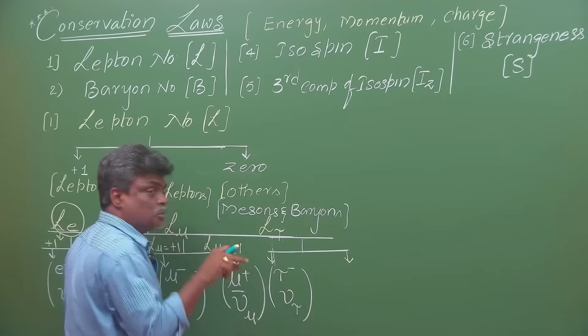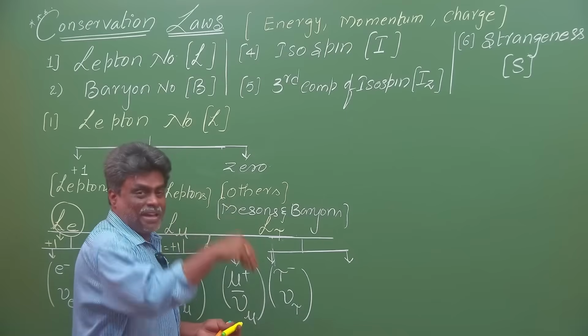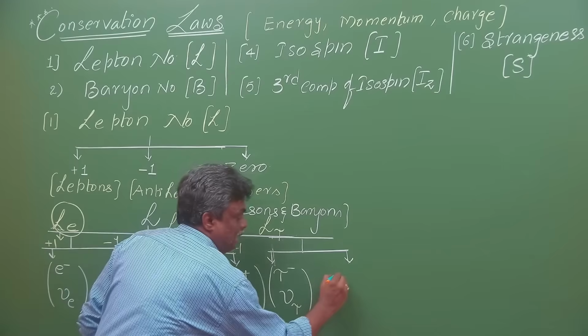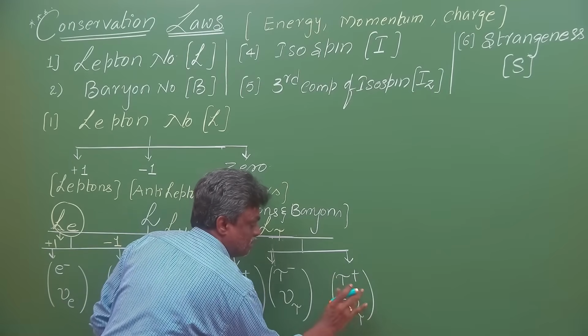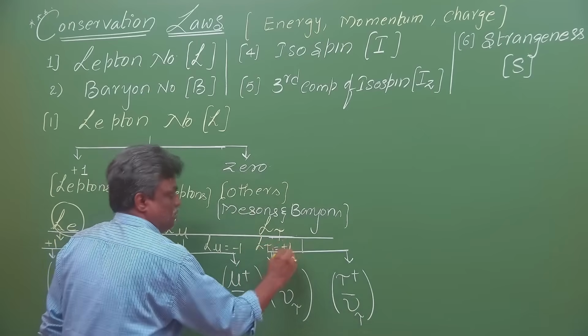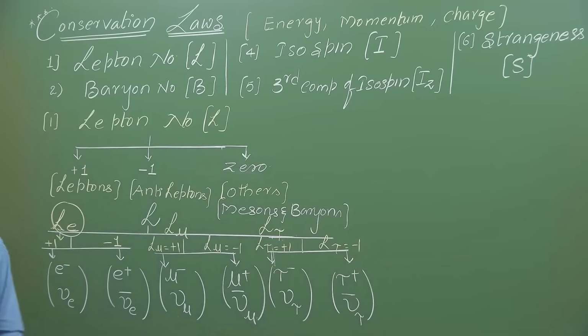It seems to be easy and you think that you understood, but whenever you are answering the question, definitely there will be confusion. Be careful. Antiparticles, tau plus, nu tau bar. So here L tau, here L tau, here L tau. So this is the story of leptons.